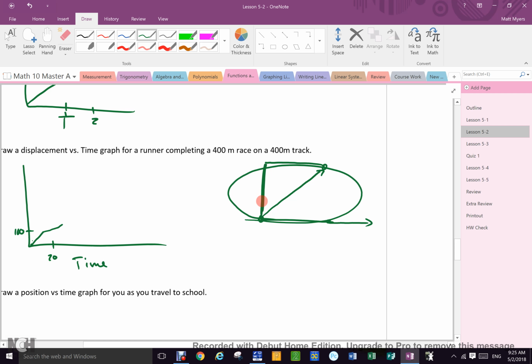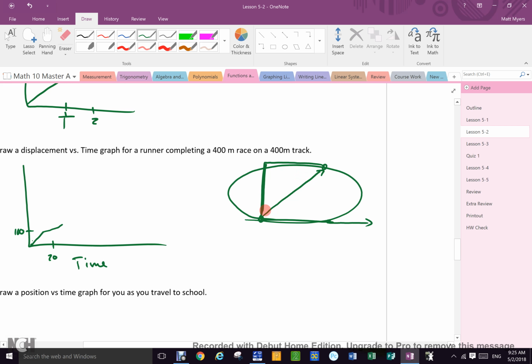Isn't this distance less than this distance? So on a displacement, aren't I getting closer? So I got to come back down, don't I? Because I'm getting closer, yes? And what is happening as I come around this corner? I'm still getting closer, aren't I? And I'm going to end up back home. Does everybody understand the difference?